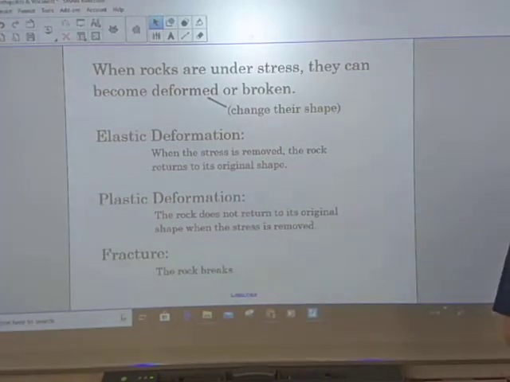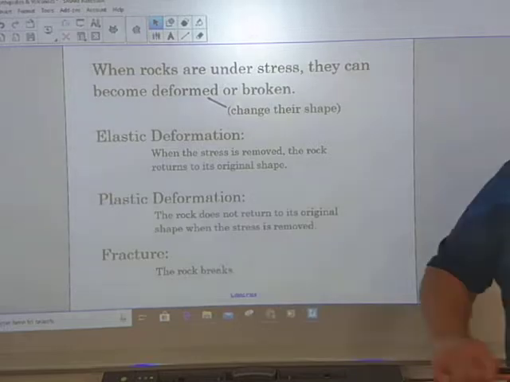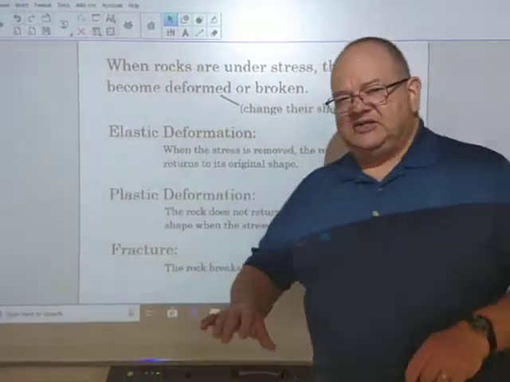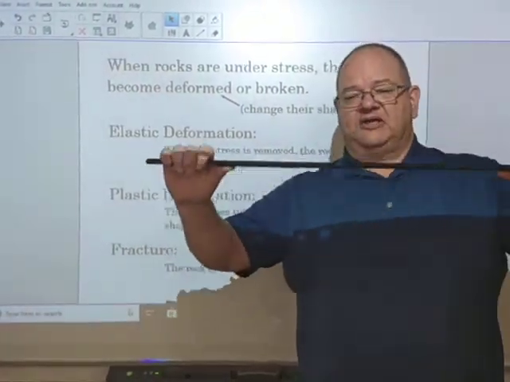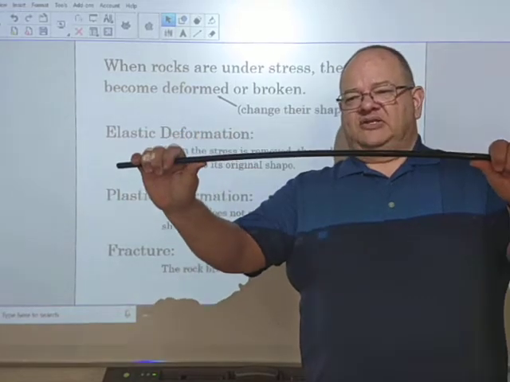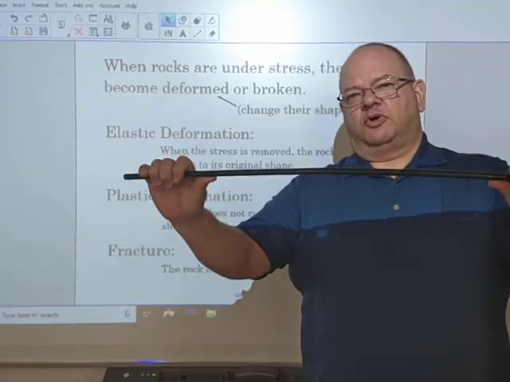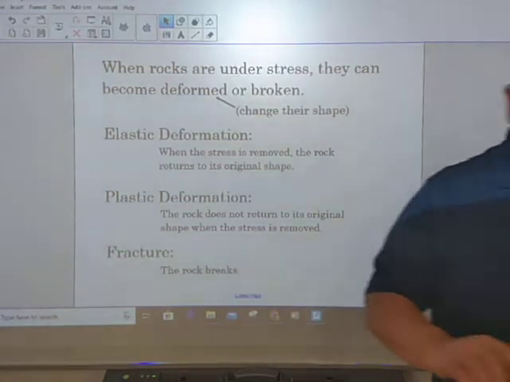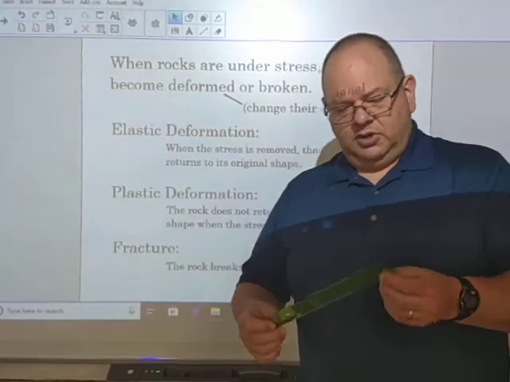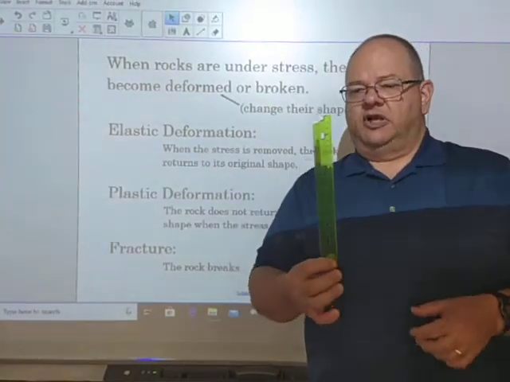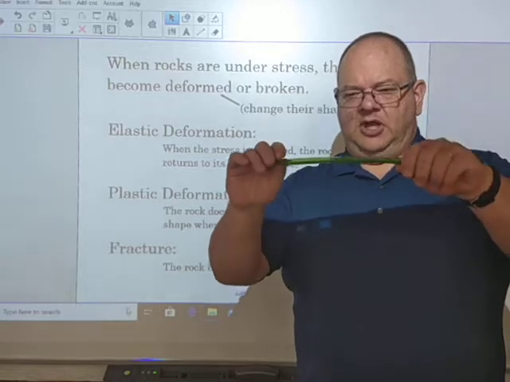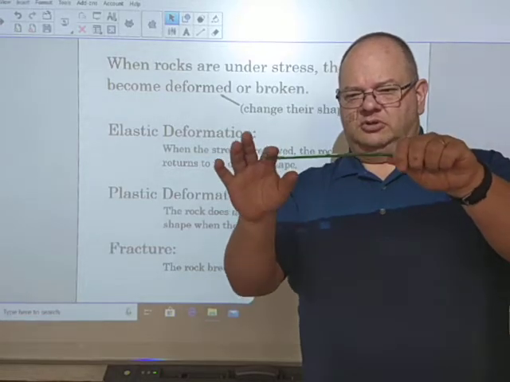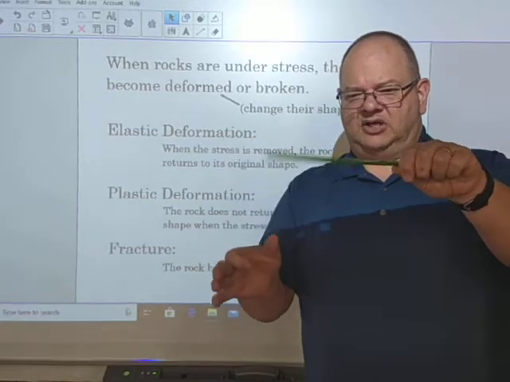Okay? Now, when we go back to these deformations, in particular this elastic, and you say, oh, I bend the stick, what happens if I apply too much force? Well, I'm going to take this ruler that somebody has already broken on me, and we see that rulers go through elastic deformation, right?